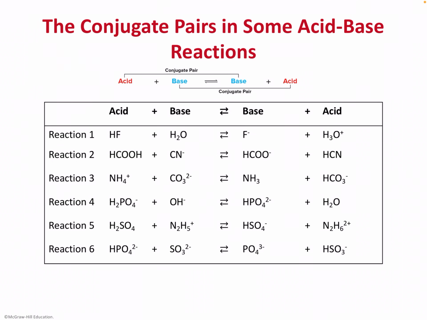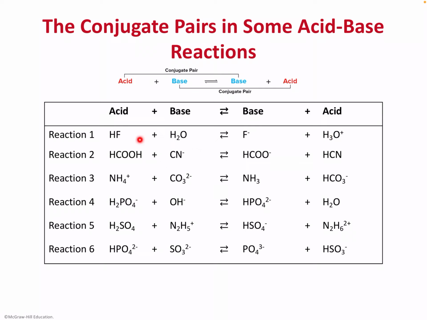Conjugate pairs in some acid-base reactions. So you can see here the reaction: acid, base, base, acid. It tells you the conjugate acid-base pair. So this is the acid, this is the conjugate base. This is the base, and this is the conjugate acid. How do you know which one is the conjugate acid-base pair?